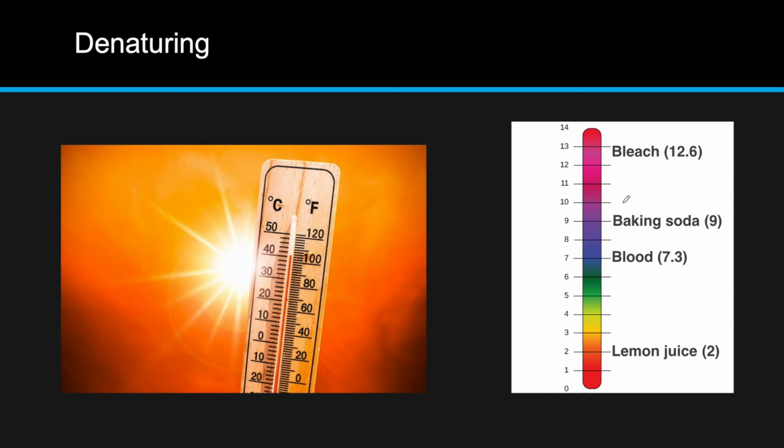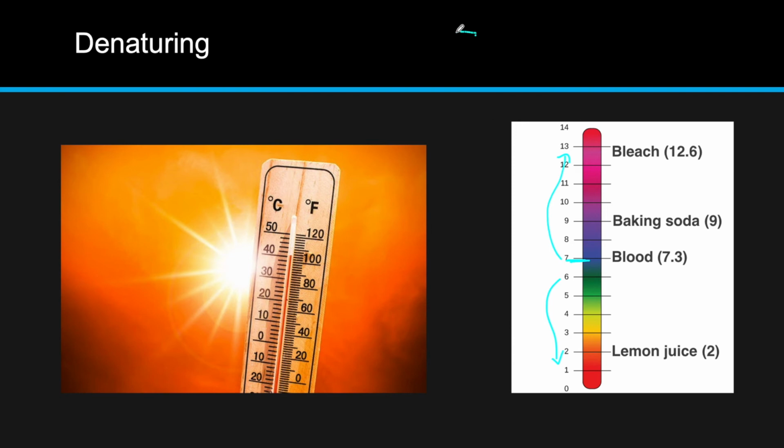At the same time, each enzyme has a specific pH, because pH will affect those polarities and how it interacts with the environment around it. Say we have that pH of 7. If we start getting too high, or too low, those intermolecular forces are going to be messed up again. That polarity is going to change.